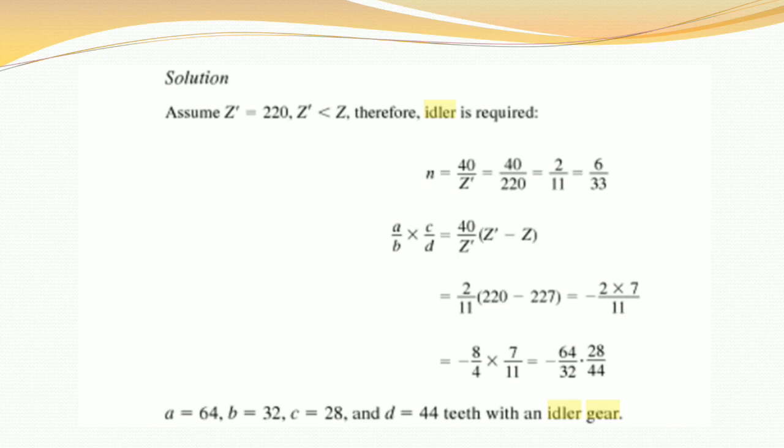So we get 2 by 11 multiply minus 2 multiply 7 divided by 11, and we can write minus 2 in place as minus 8 by 4 multiply 7 by 11. That means minus 64 by 32 multiply 28 by 44. Just multiply the first one by 8 and the second one by 4. That's it. So here a is equal to 64 and b is equal to 32, c is equal to 28 and d is equal to 44 teeth with an idler gear.